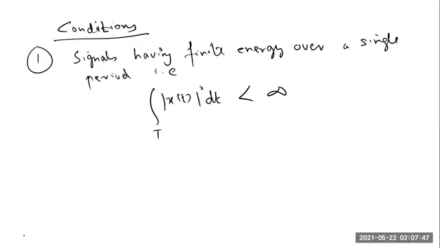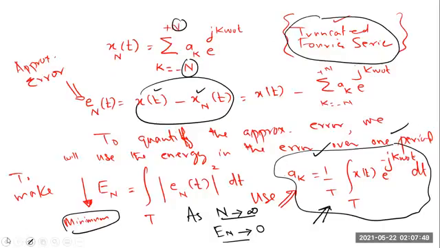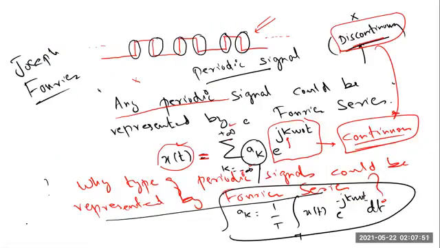So one important point that you also need to understand is when we say that x of t has a Fourier series like this, it means we should be able to find all Fourier coefficients. And it's also important that all Fourier coefficients are finite, because if any Fourier coefficient is infinite, then it's not possible to take the summation.